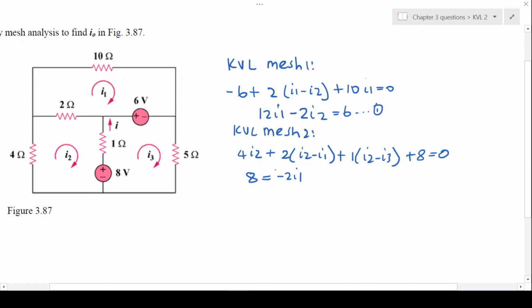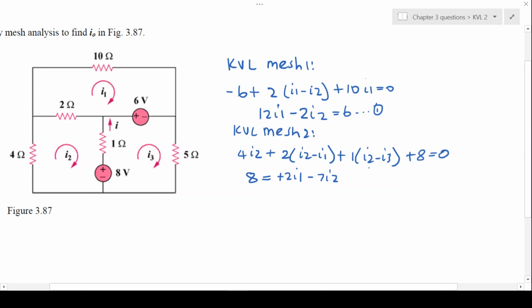For I2 we're going to have a value of 4 plus 2, which gives you 6, plus 1, which gives you 7, which will be negative.